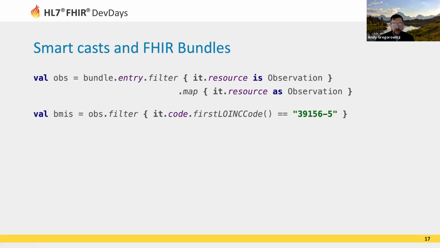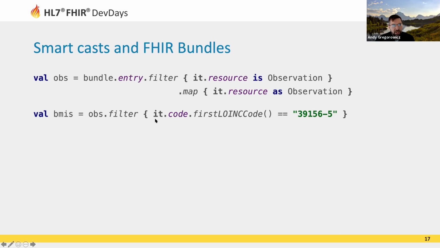So this it is a bundle entry, and I can grab the resource out of it. So what I'm saying is filter this down to just observations. And then I'm using this map operation here that is going to grab the resource out of here as an Observation. So now I have this list in Kotlin that actually is just a list of all observations.